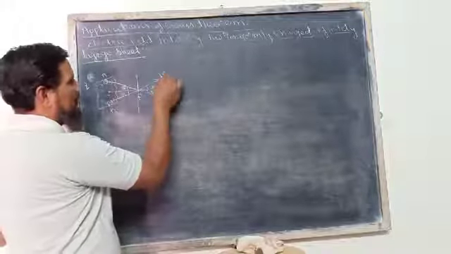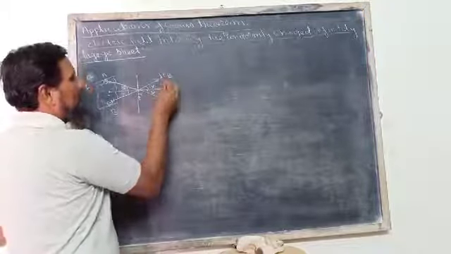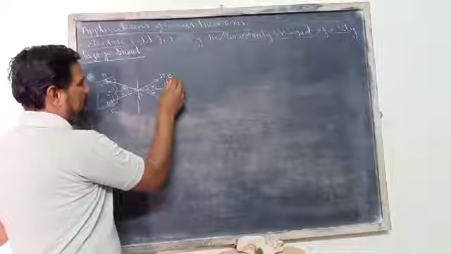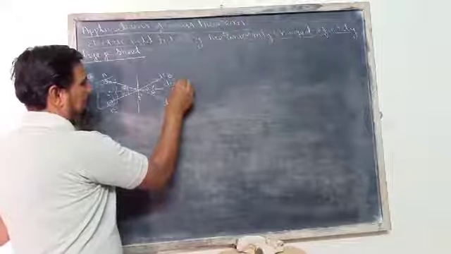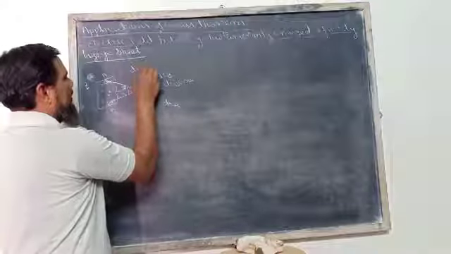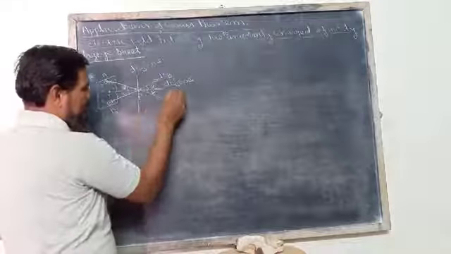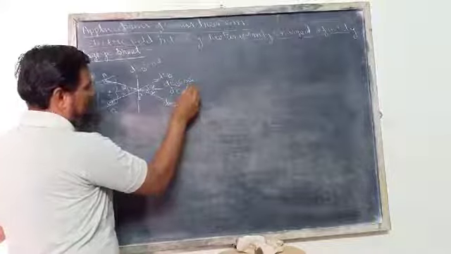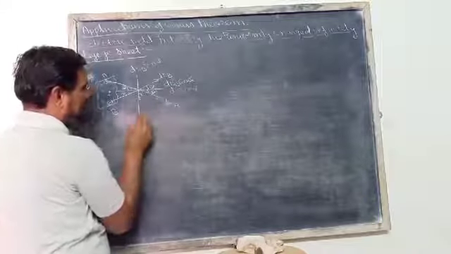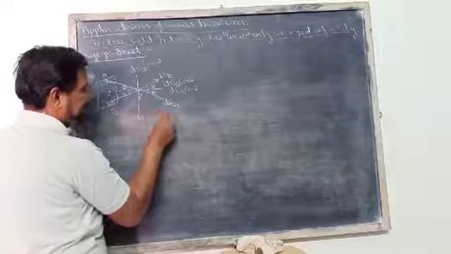Now we resolve dEB and dEA into their components: dEB cos theta and dEB sin theta, and dEA cos theta and dEA sin theta.